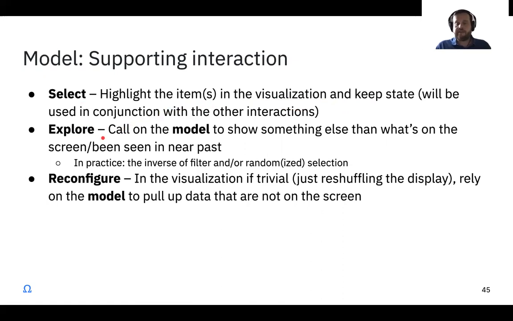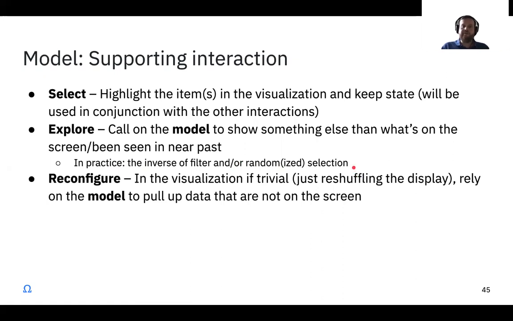Explore is a typical interaction where you call on the model to show something else than what's on the screen or been seen in the near past. So in practice, if you have some kind of filtering scheme in your model, which you should probably, or an index, you will do an inverse of filter combined or replaced by a randomized selection.